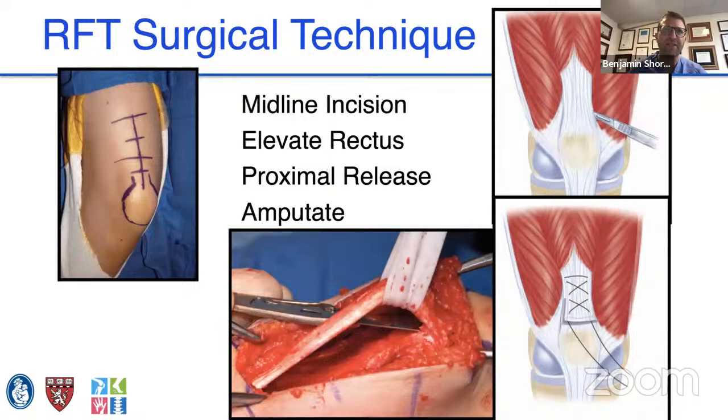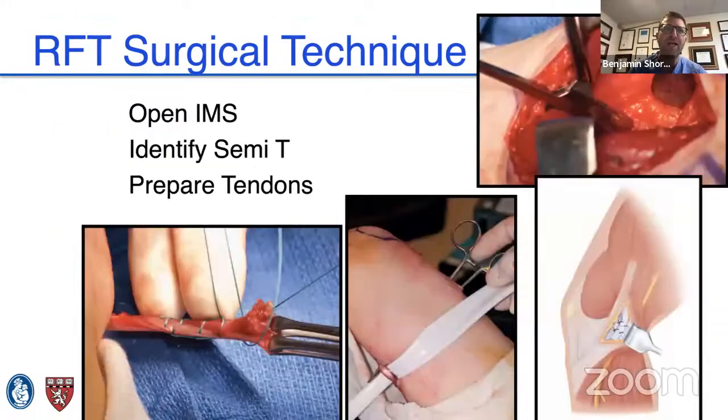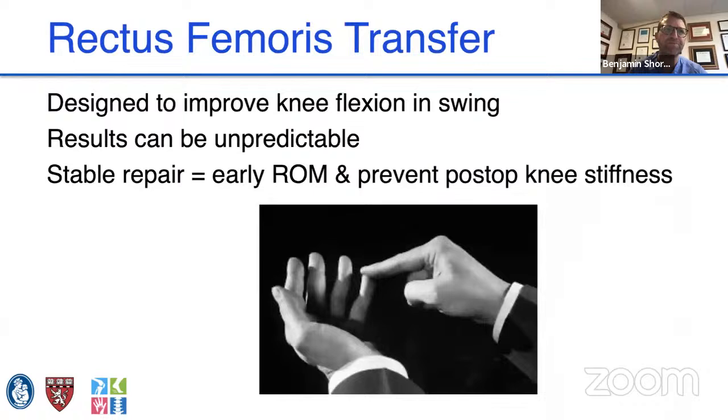What I would say is that the rectus technique here is somewhat of a midline incision. You really want to elevate the rectus before you amputate it and just get into the rectus itself and not into the vastus below. You can then work through the intermuscular septum and plug it into the semitendinosus. This is not a hard surgery, but it has a fair amount of morbidity and post-operative rehabilitation.